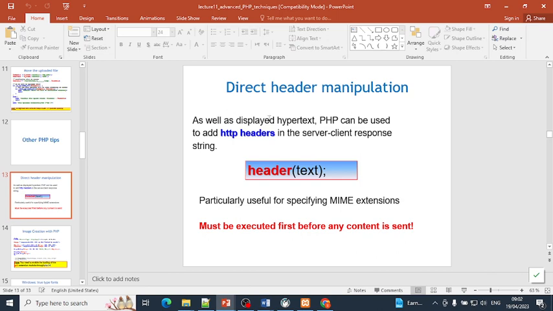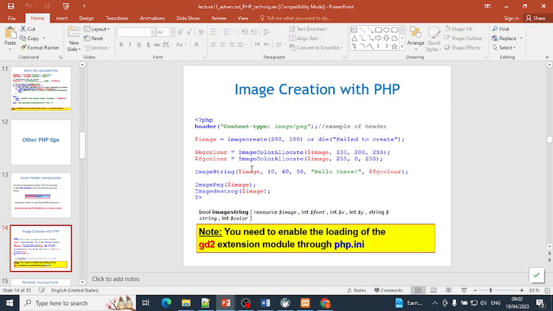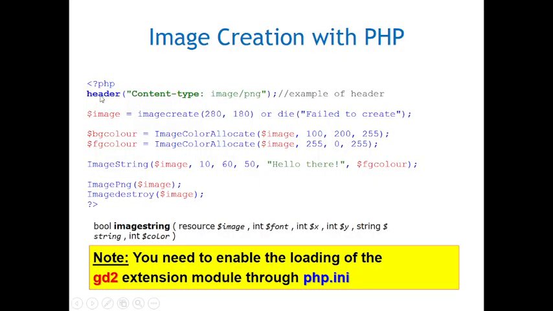Okay, so in this one we are going to see how you can put it in the header. Okay, so now see, this is the focusing point, this one. What you are saying in this program is, I have used this PNG file, image/PNG. Okay, so this program, let me check whether I have this program.